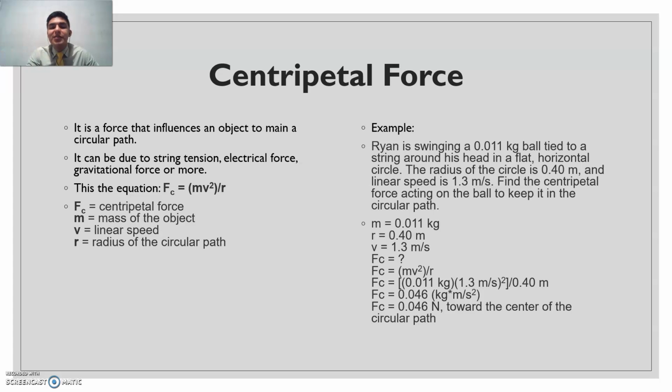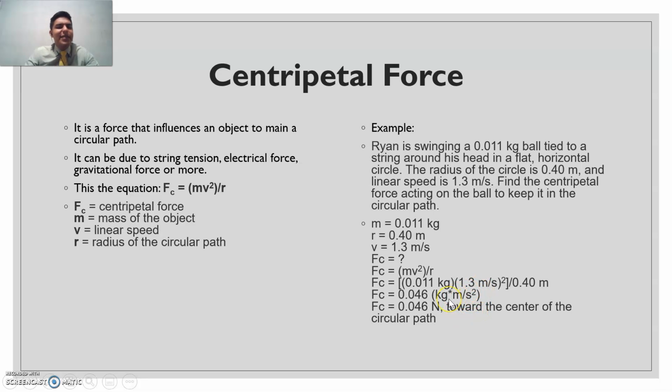So we are going to be substituting in the equation for centripetal force, which is mass times the linear speed squared divided by the radius. And here is another interesting thing. After you operate everything inside the equation, you are going to find out that you have, as a result, kilograms times meters per second squared.